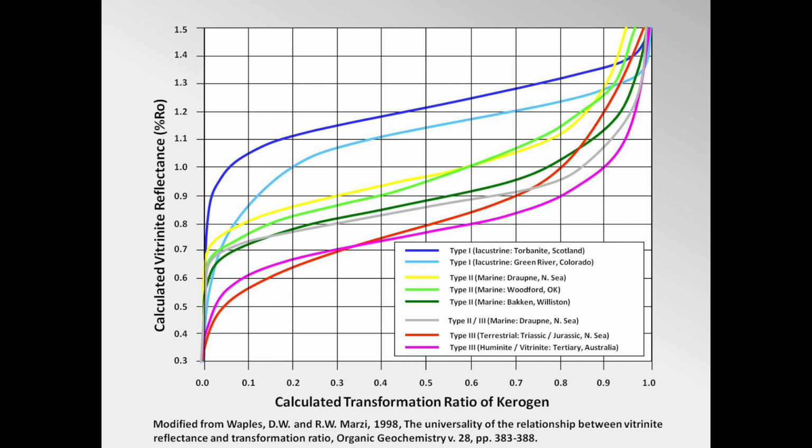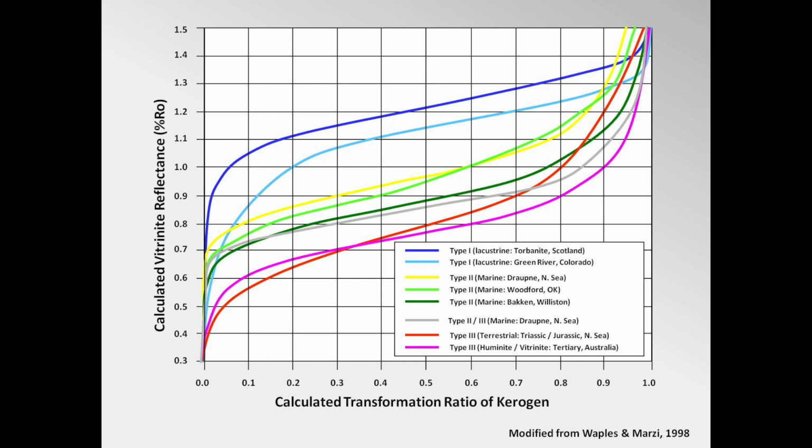They were calculated using a geologic heating rate of 3 degrees Celsius per million years. To calculate vitrinite reflectance, we used the standard Lawrence-Livermore easy percent RO kinetics, which were the same for every kerogen, while for the transformation ratio, we used the published kinetics for each individual kerogen, which were different.